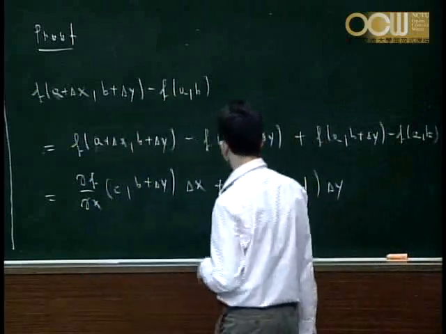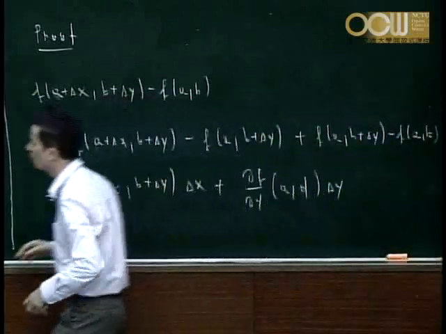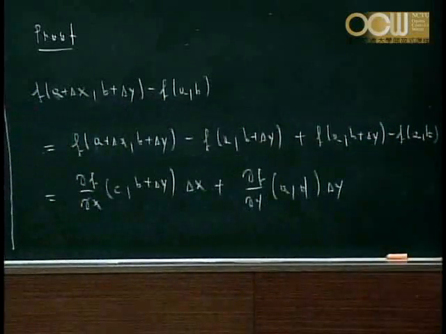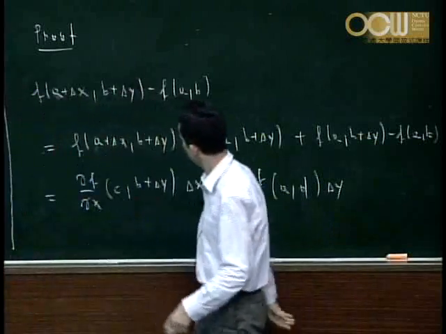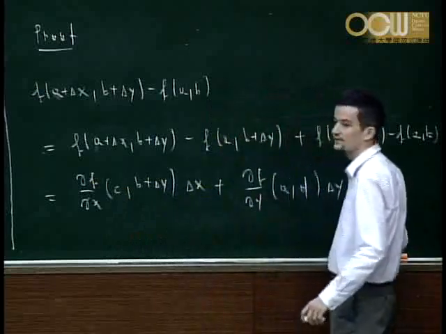Now this is already quite in the form of the definition of differentiability, because I almost have that the difference is equal to the partial derivative times delta x plus the partial derivative times delta y, almost.